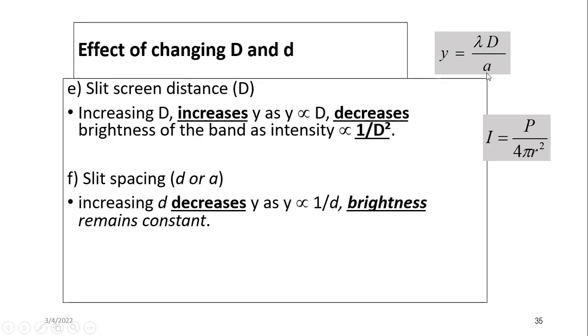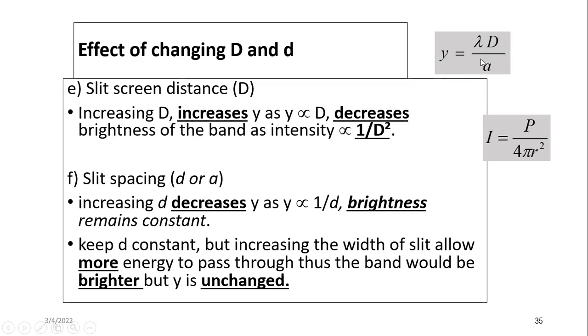Your book calls it a, I call it D. Sorry, increasing D, then your Y will decrease, as this one says. If you increase that one, this one will decrease, but it doesn't affect the brightness.